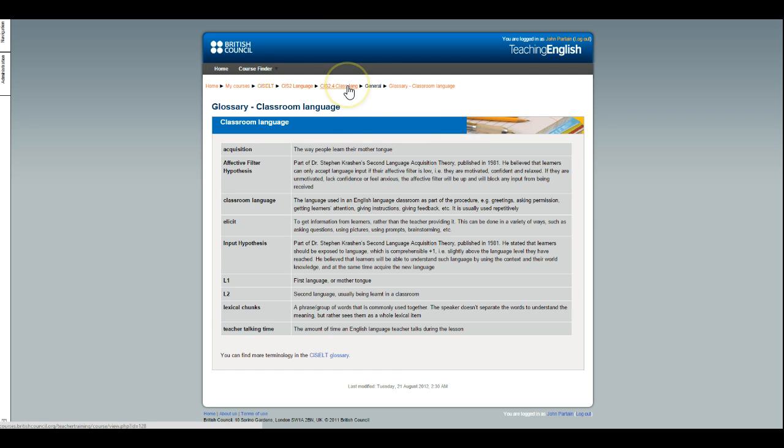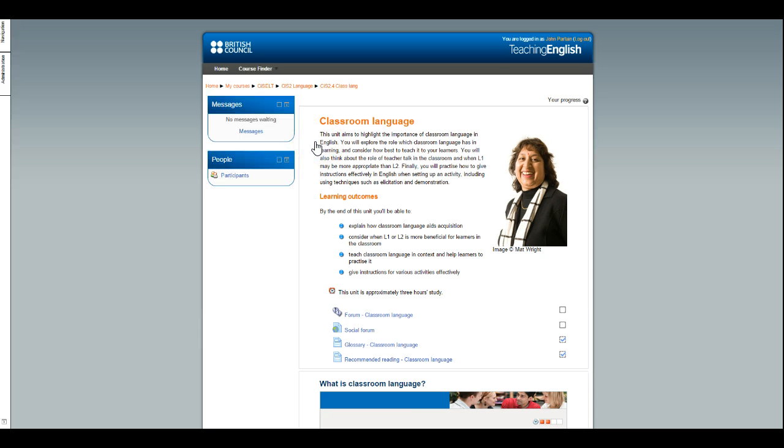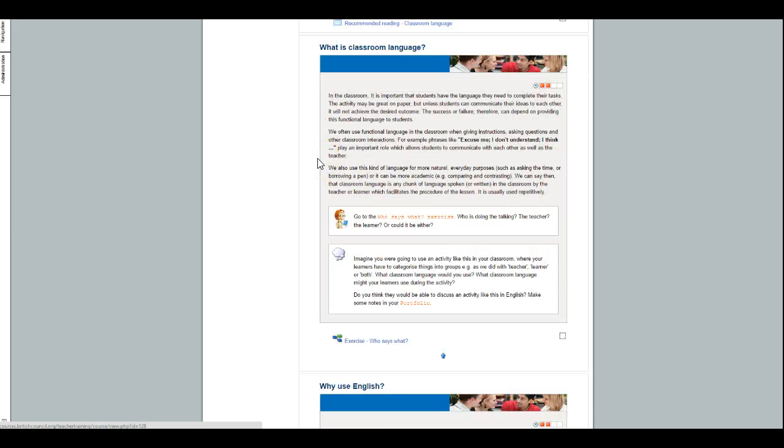So this will just give you some good ideas of what the terminology is. We'll take a look at it in the unit. Okay, so once you've gone over the recommended reading and the glossary, then we'll get started in the course unit.